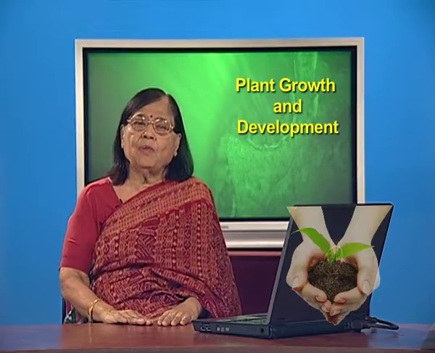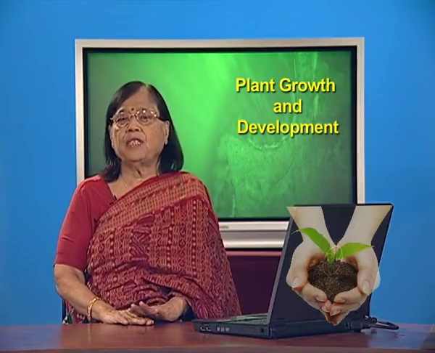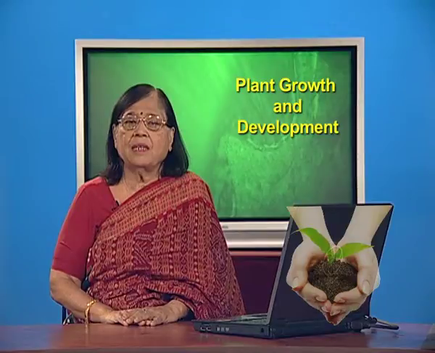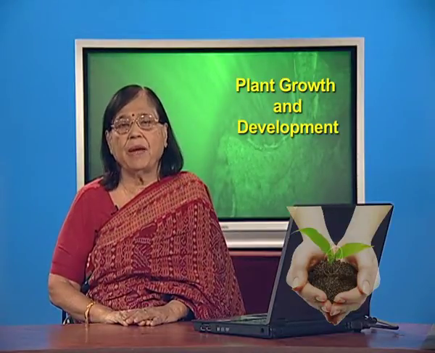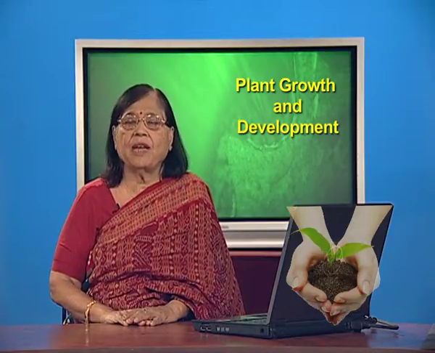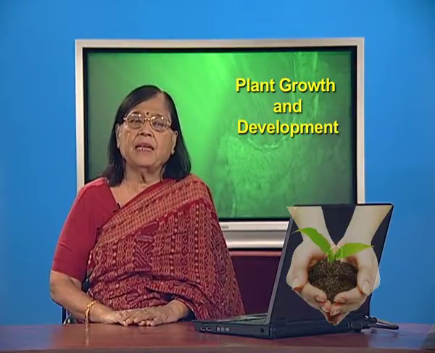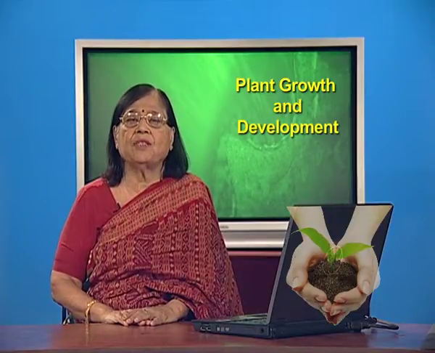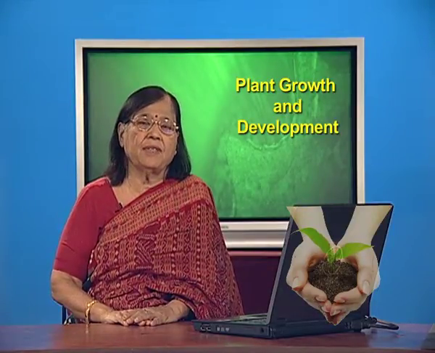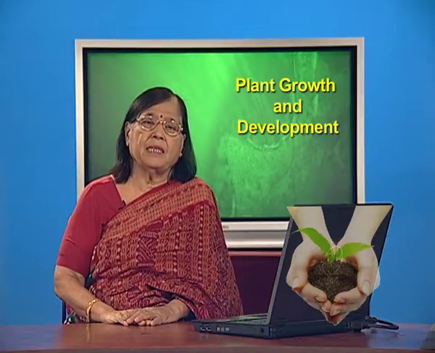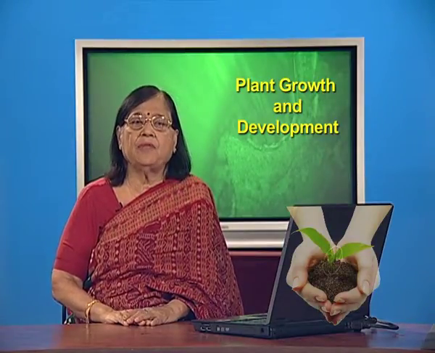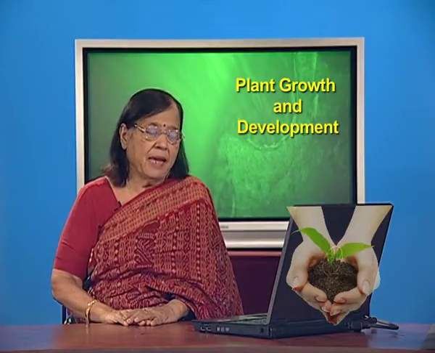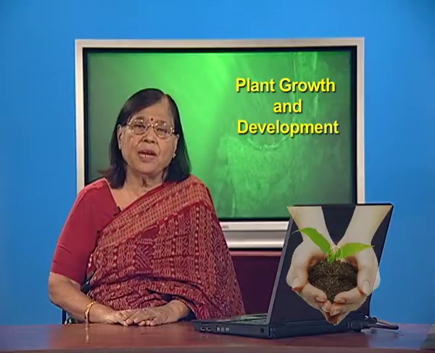So, what you must understand is that the cells which are formed as a result of growth, that is not enough, and that does not remain like this for the full life in case of a plant. So, again there is differentiation, sometimes there is dedifferentiation and sometimes there is redifferentiation. Depending upon the need of the time and need of the plant, these processes are interchangeable, and this results in development.